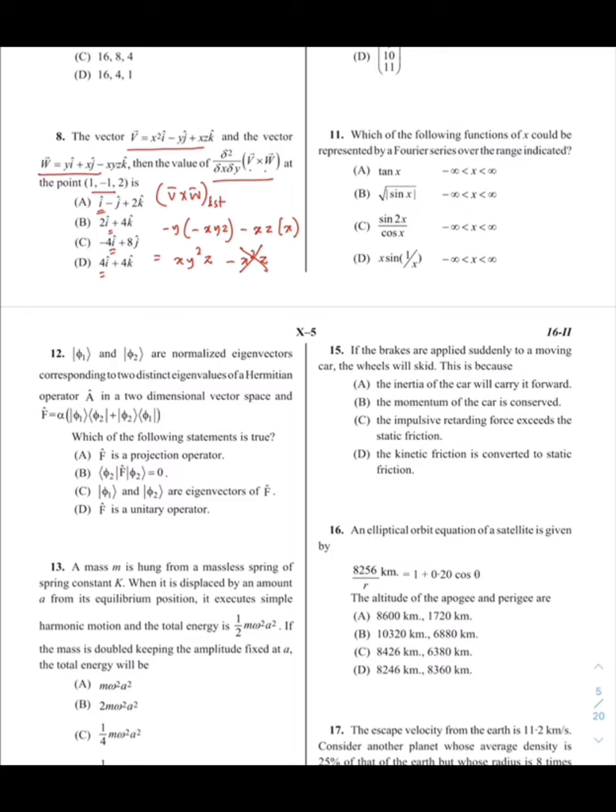This term drops off and this term gives 2xyz. Now we take the derivative with respect to x, so this simplifies to 2yz. Now we put the values y equal to minus 1 and z equal to 2, which gives me minus 4. So option C is the correct answer.